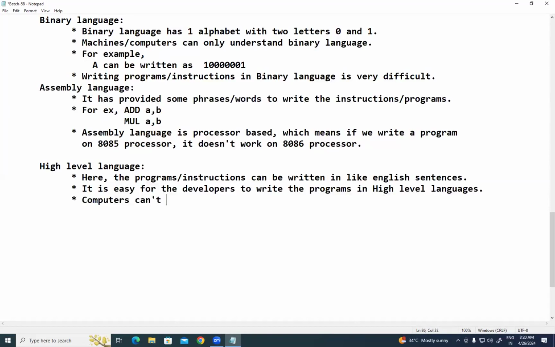Computers cannot understand high level languages. Tell me what are available? Translators are available.